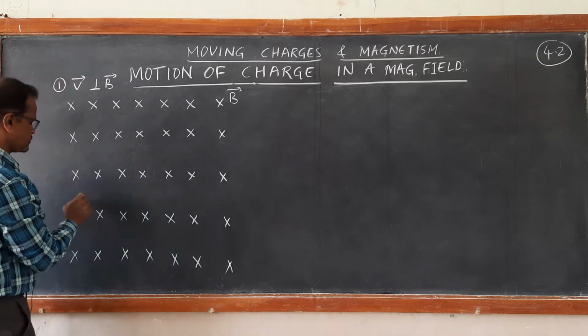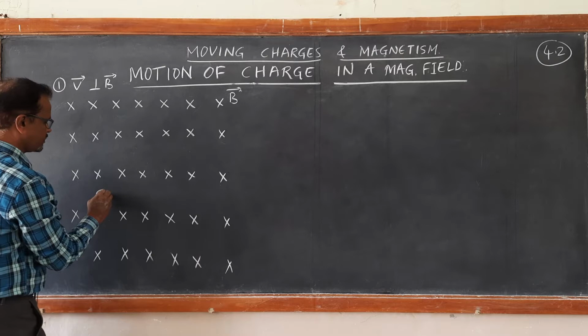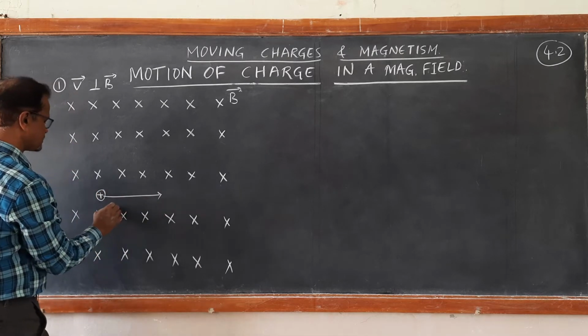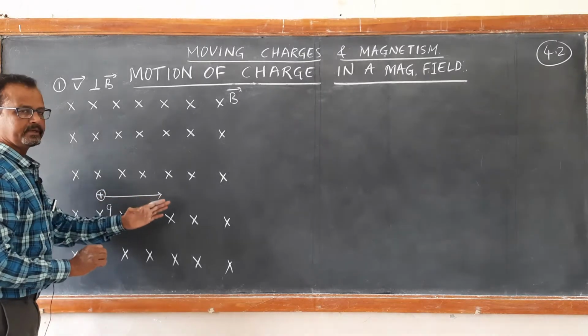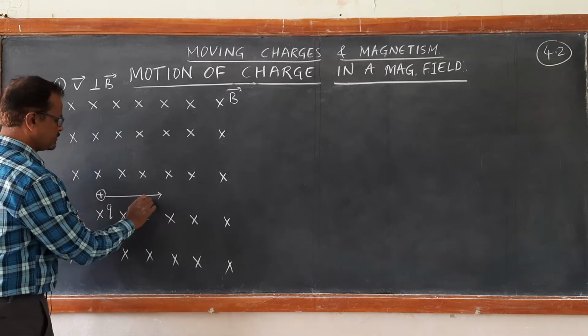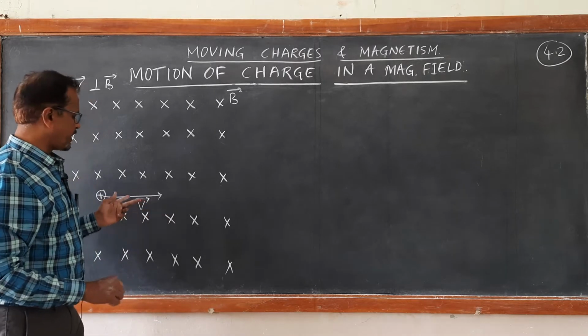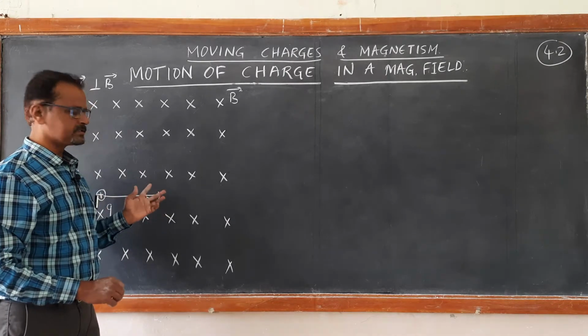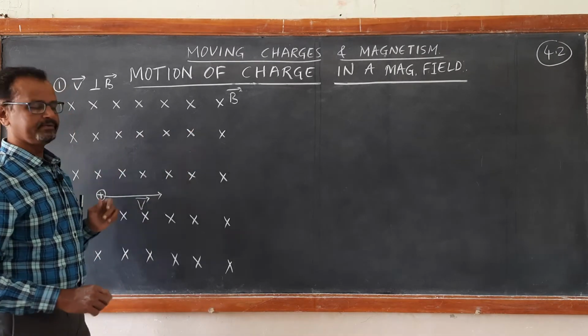Now, suppose a charge particle enters with velocity vector v inside. Then this charge particle q having velocity vector v experiences a Lorentz force, magnetic force due to this magnetic field.